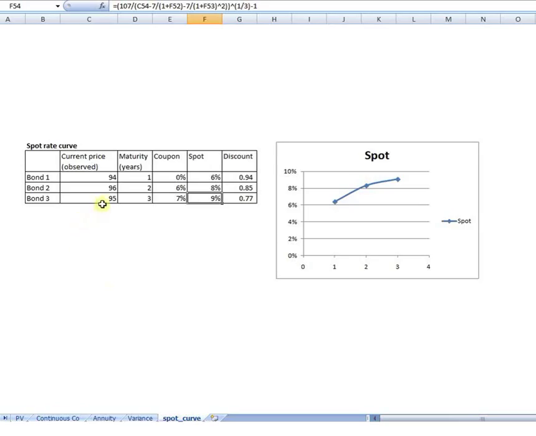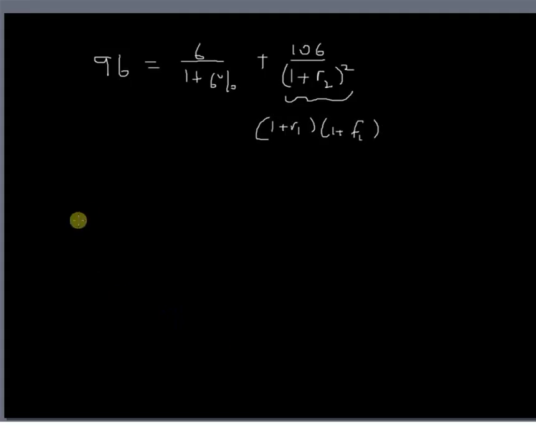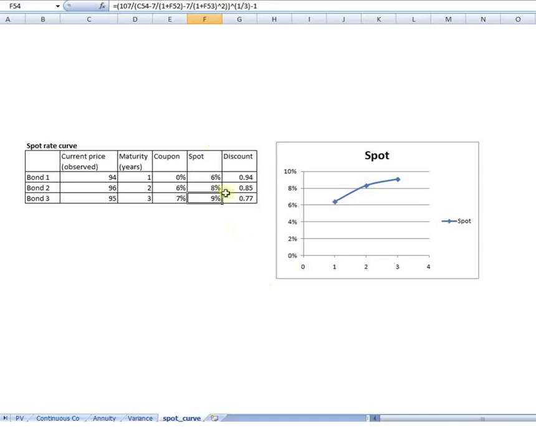Observed price 95, coupon 7%. So 7 over 1 plus 6% for the first year. 7 over, what is the spot rate for the second year?